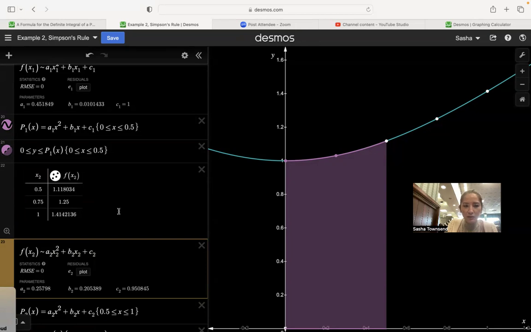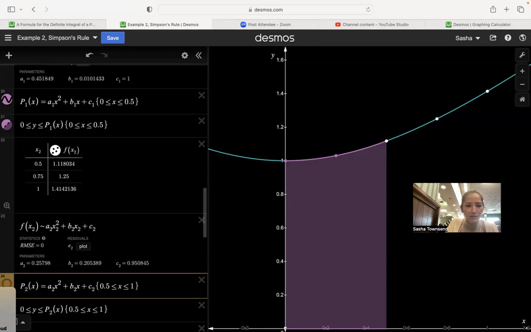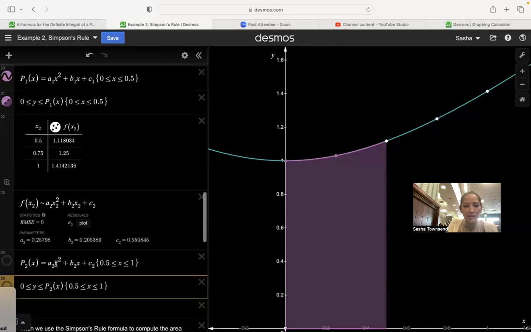And it'll give us the correct coefficients a, b, and c for our quadratic polynomial. Then I just type that in. I'm using the same notation that I used here, so that a sub 2, b sub 2, and c sub 2 are the values computed by the regression calculator on Desmos.